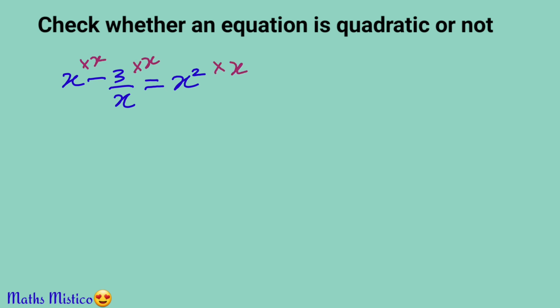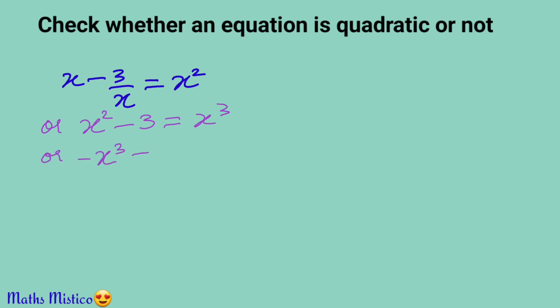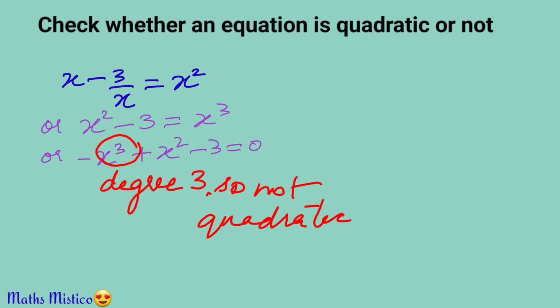And we get x into x square minus 3 upon x into x is 3 equal to x square into x, that is x cube. Now bringing all the terms to the left hand side, we have minus x cube plus x square minus 3 equal to 0. Do you think this is quadratic? Of course not. The degree here is 3, right?